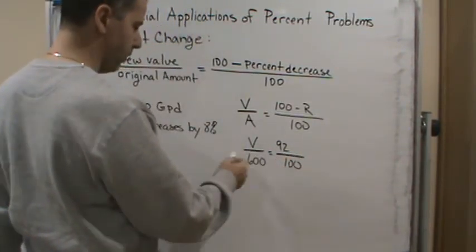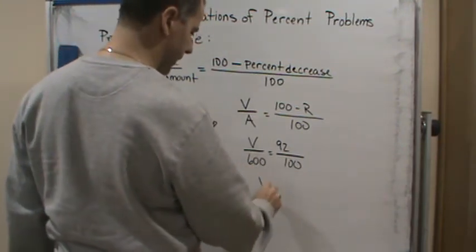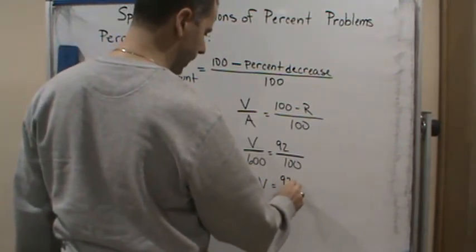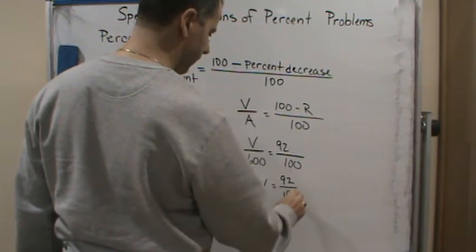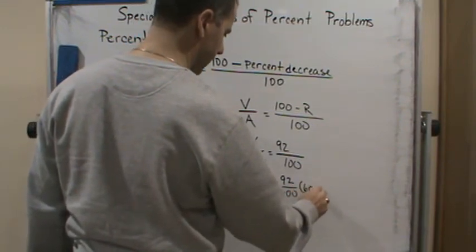And so now if I multiply both sides by 600, I get V equals 92 over 100 times 600.